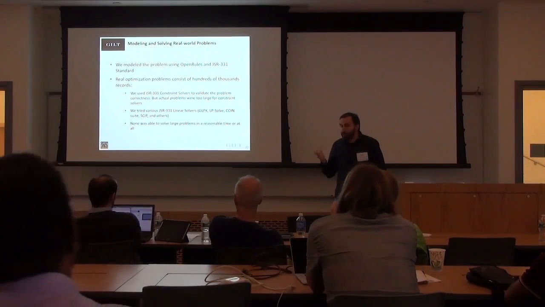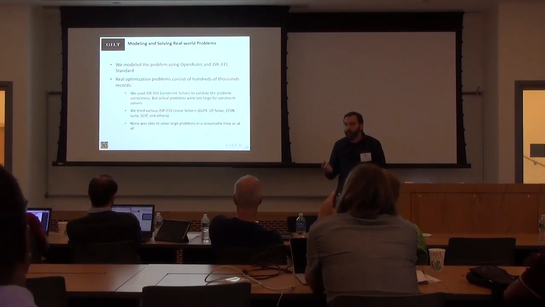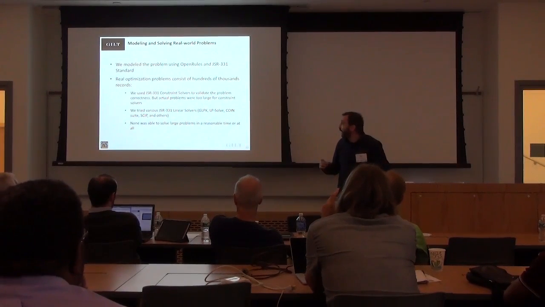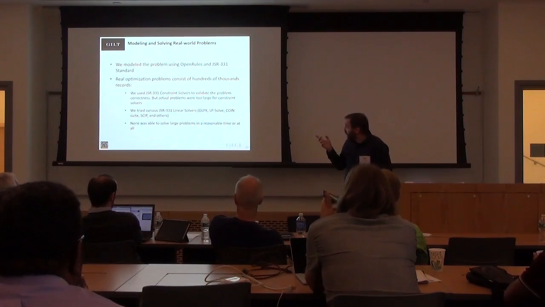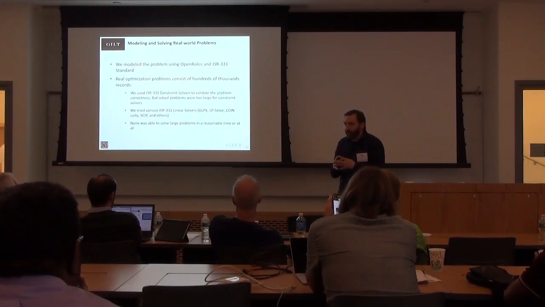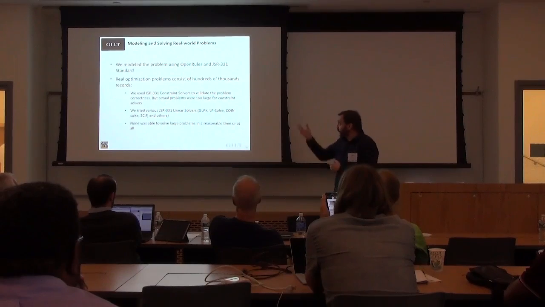But with the help of OpenRules, we found out that if we break the problem into multiple parallel problems, each individual problem for a fixed total can be solved pretty quickly. So we modeled the problem using OpenRules, and if somebody in this audience can tell us how to solve the original problem without dividing it into pieces, I would be very curious.